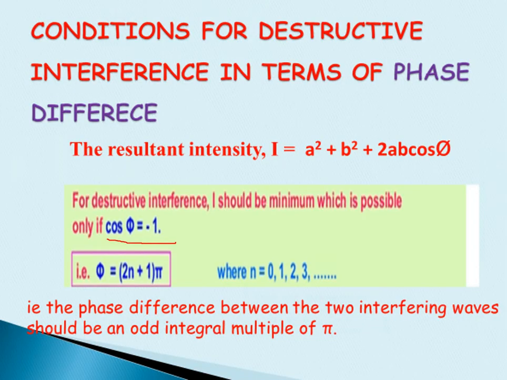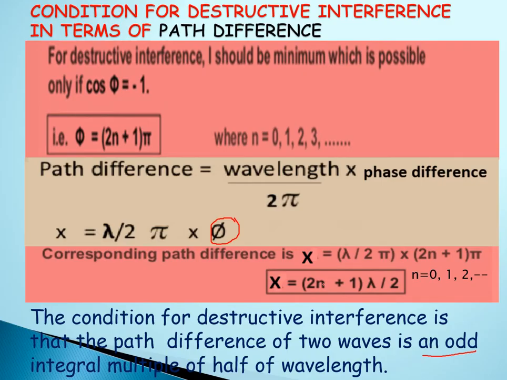Then for destructive interference, x should be equal to (2n plus 1) lambda by 2, which means x should be in the order lambda by 2, 3 lambda by 2, 5 lambda by 2, 7 lambda by 2, 9 lambda by 2. It goes on like that. So it should be an odd integral multiple of half of wavelength, because it is lambda by 2.